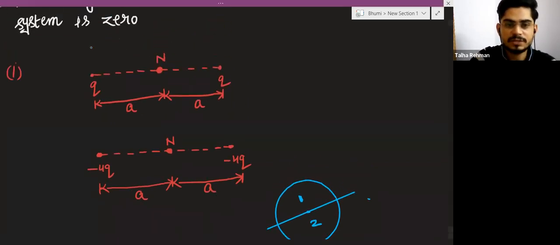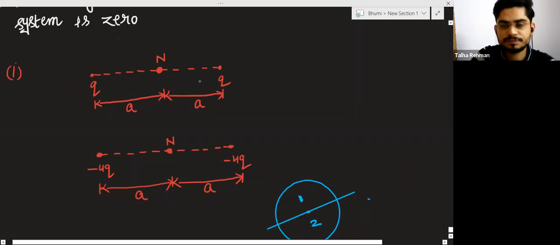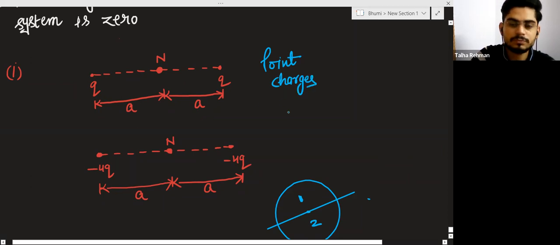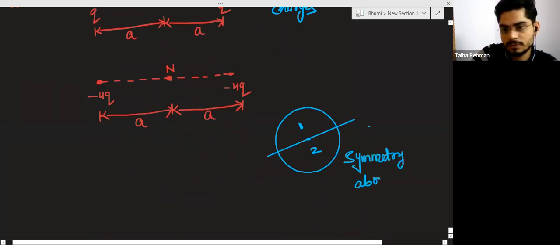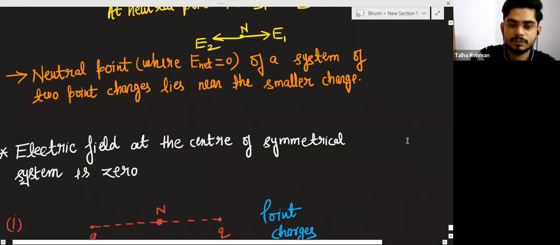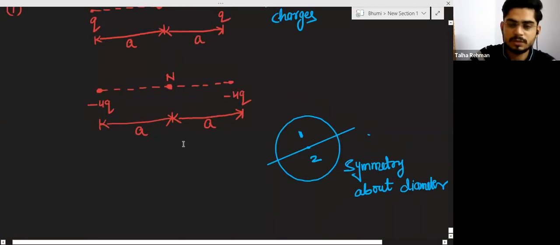So if two point charges of equal magnitude are placed, charges one and two are symmetrical about the diameter. This is a circle.